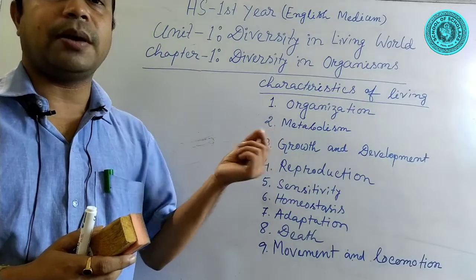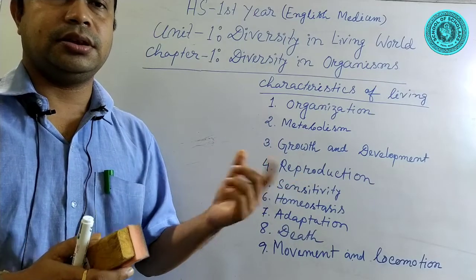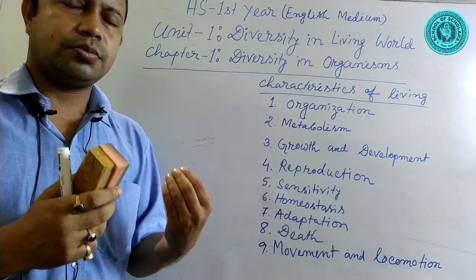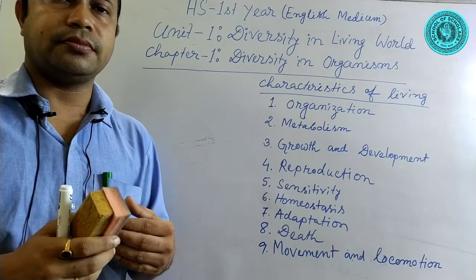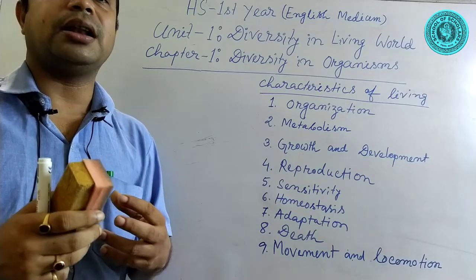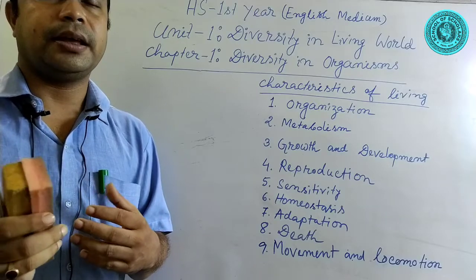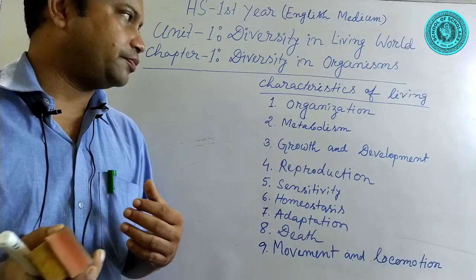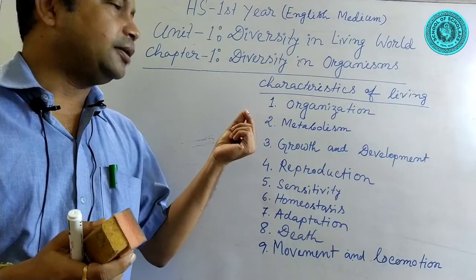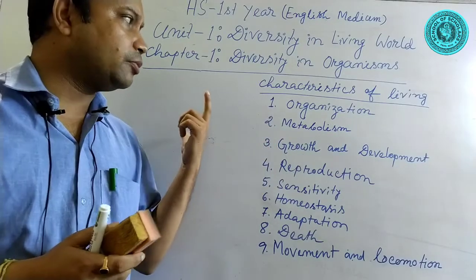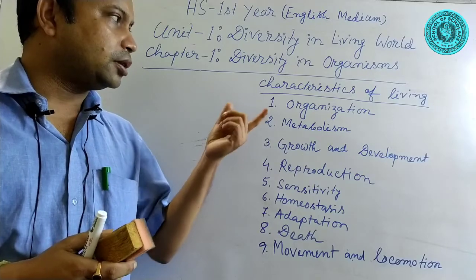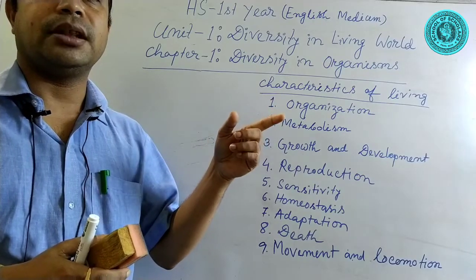Organization is a kind of hierarchical process. In this process, small size molecules are gradually aggregated to form large size molecules and then the total organism. There are different levels in an organization. Here I am going to show the organization of living beings.